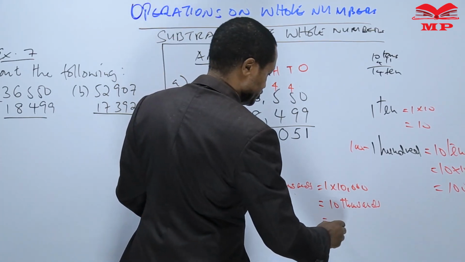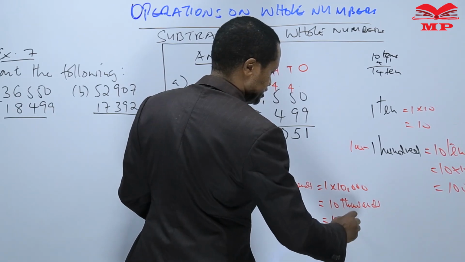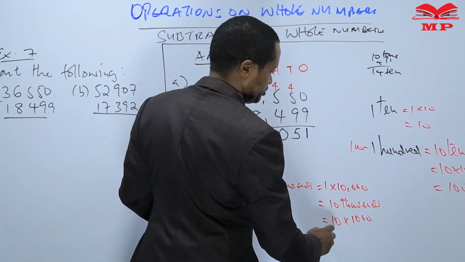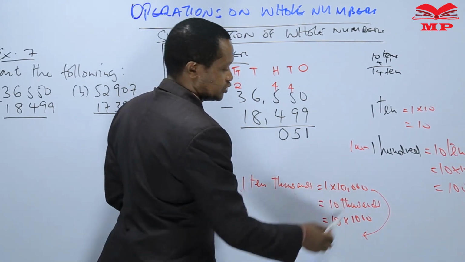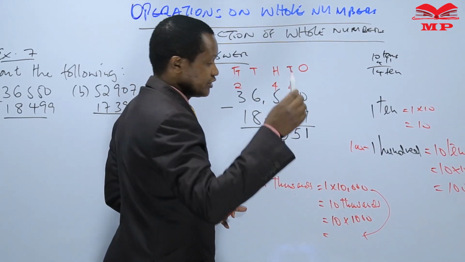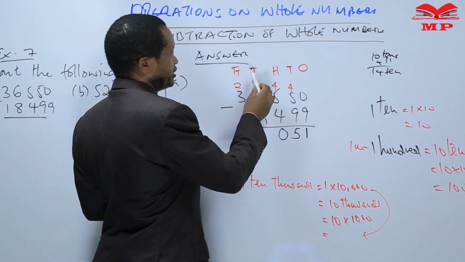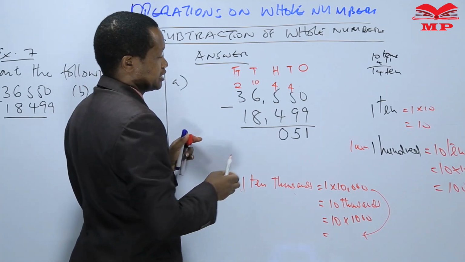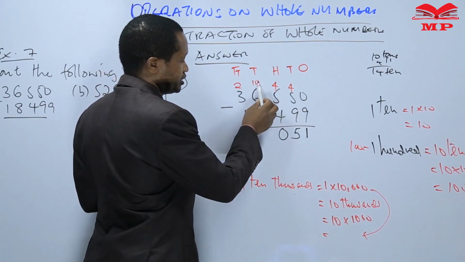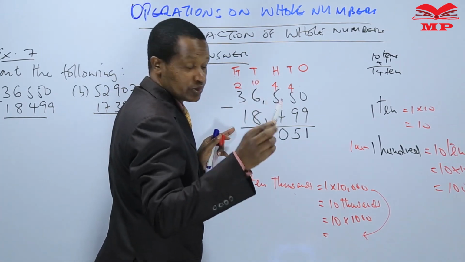Let me help you further: 10 times 1,000 will give us 10,000. So 1 10,000 is equal to 10 thousands. You can see now we can subtract, because we have 10 thousands plus the 6 thousands giving us 16 thousands.